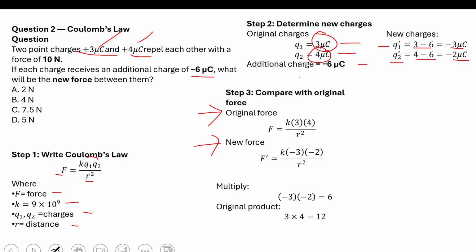The original force is given as 3 times 4, which will give us 12. So the force becomes F prime equals 6 over 12 times 10. F prime will now be 5 Newton. So if you check now, the answer is D.